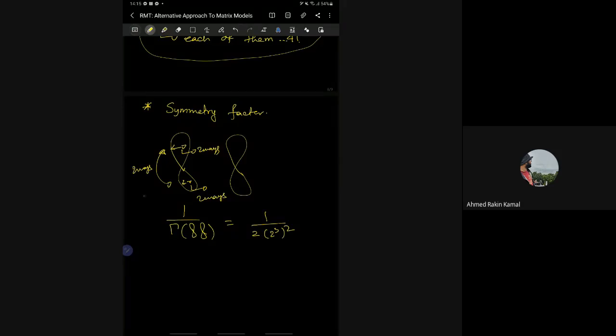So it's 2 cubed. That's where my 2 cubed comes from. And since we have 2 of them, so 2 cubed squared, and again, we can organize the graphs however we want. This can be first, or this one can be first. So that's where this 2 comes from. Okay.